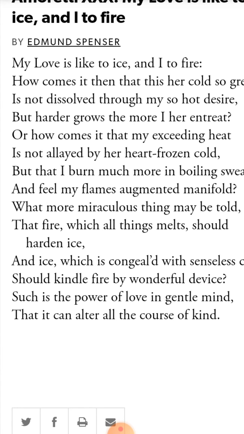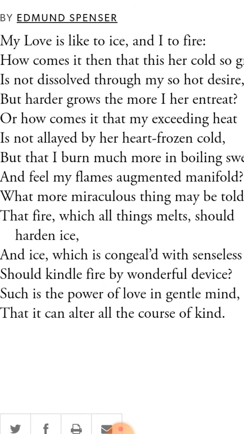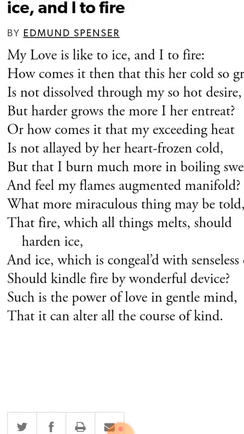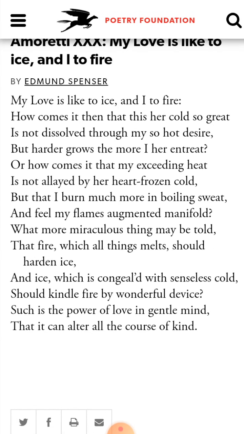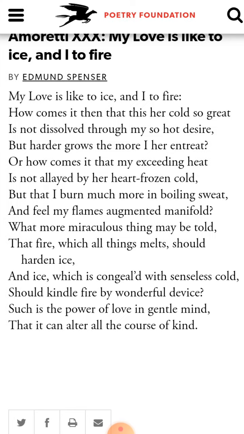Fire is making ice harder, so that we can see a different result, a different thing in the case of fire. Fire melts all the things which come in its way, but the love of his wife is being harder.